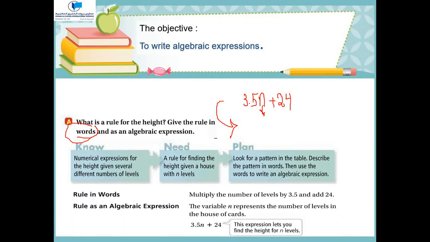So here is what we have. Rule in words. Multiply the number of levels by 3.5 and add 24. I'm going to write what I just said.